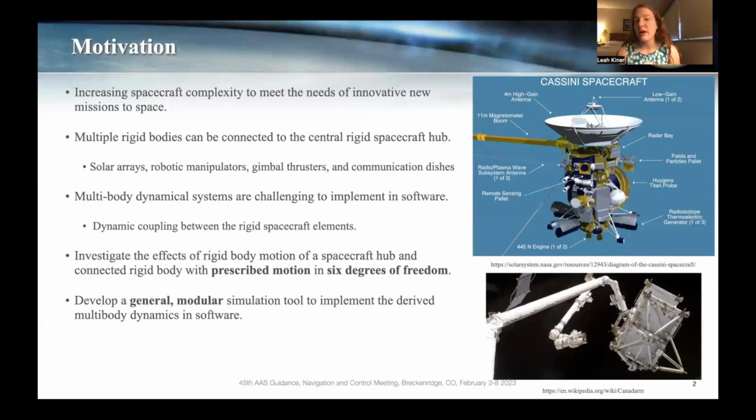I'm going to be talking about what that means in the next slide, and it's also free to translate and rotate, so it has 6 degrees of freedom. And the second goal here is to develop a way to simulate the derived dynamics of the system in a general and modular way in software so that we can simulate different types of multi-body spacecraft systems.